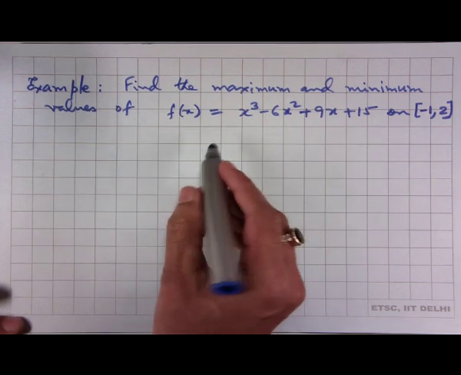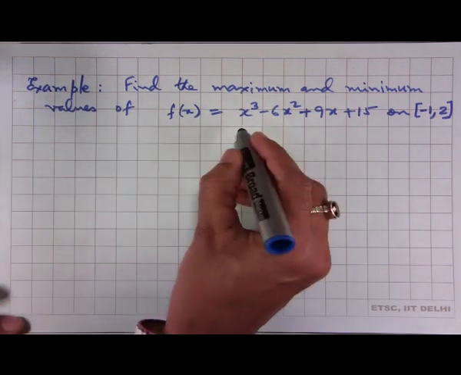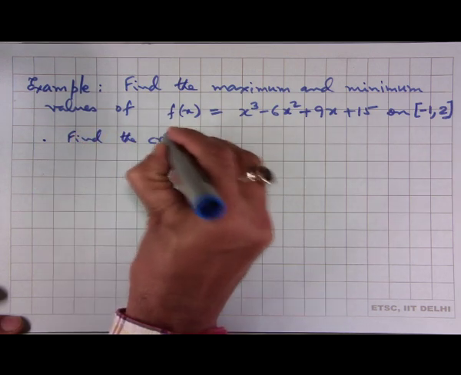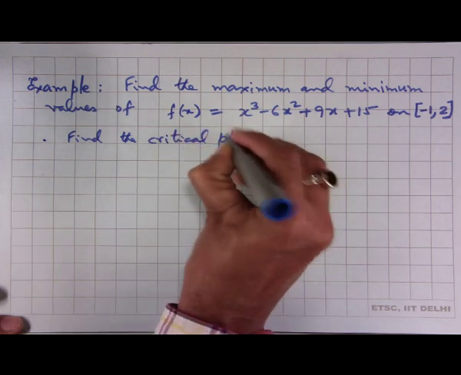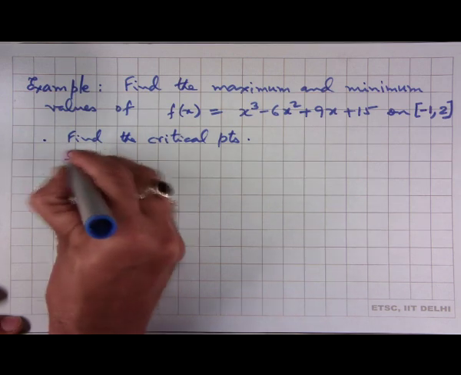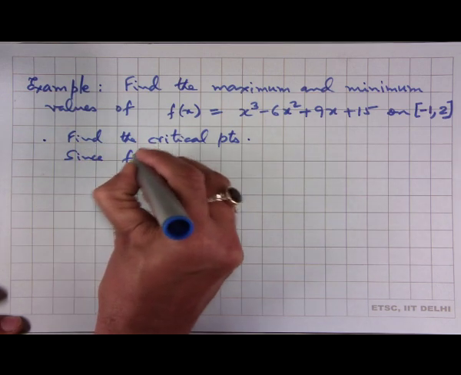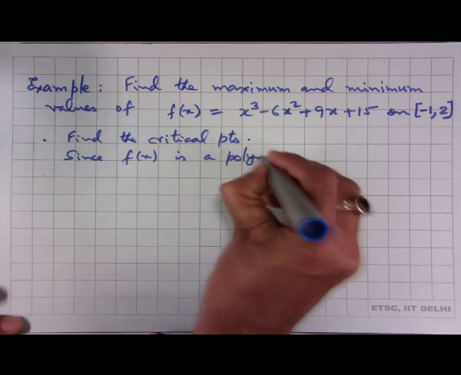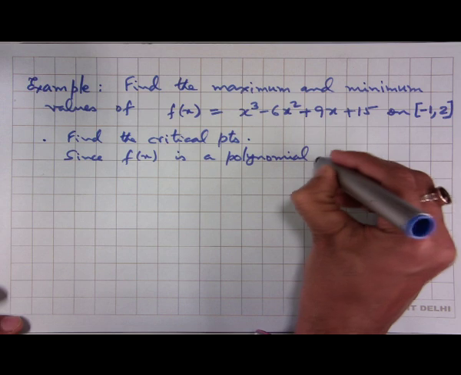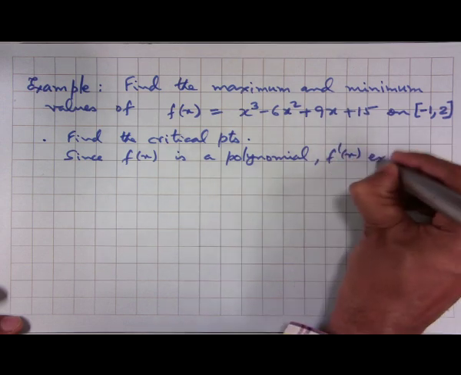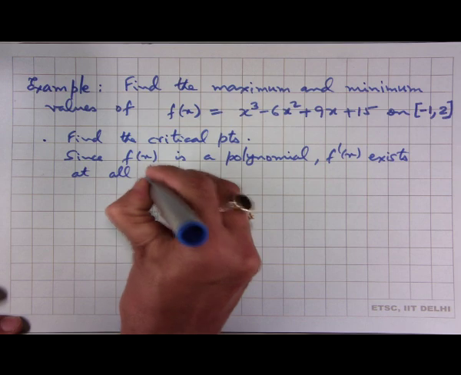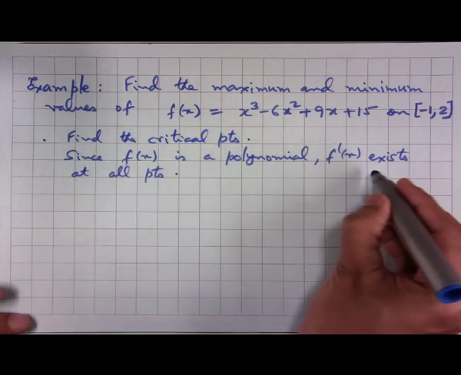So, what we do is, first we find the critical points. Here since f x is a polynomial, f prime x exists at all points. So, there is no point where f prime x does not exist.